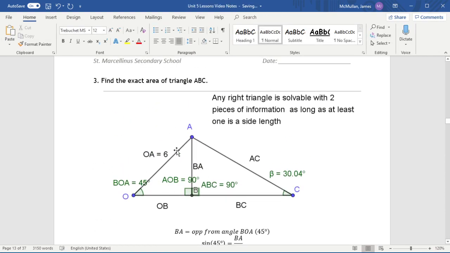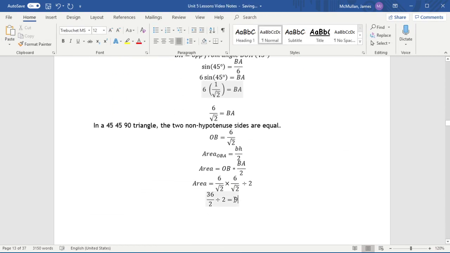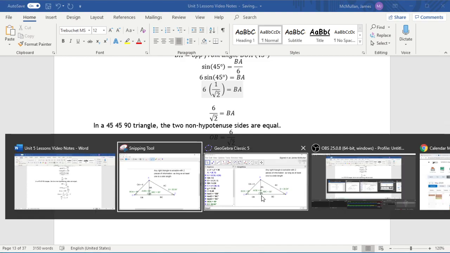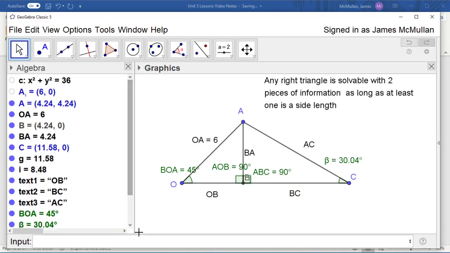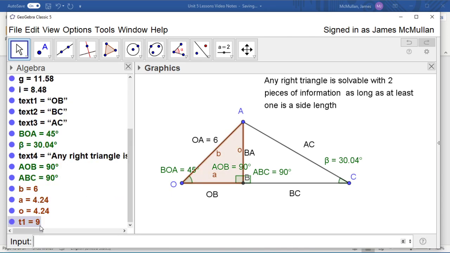Okay, so the area of the triangle on the left is exactly 9. Now when I go back to GeoGebra to check that, let's go polygon ABO, and you can see the area is 9. Even if I round it to 10 decimals, the area is still exactly 9. Okay, so we've got the exact value for the area on the left.